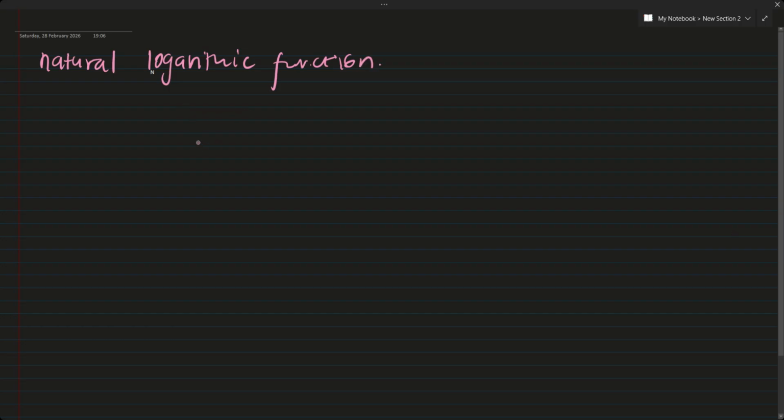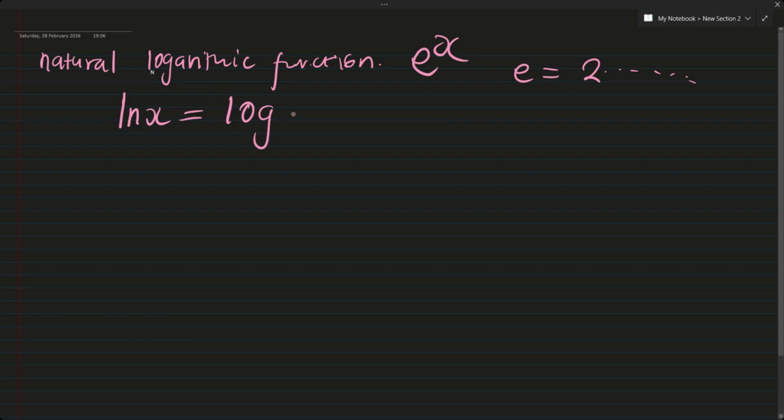We knew that it was a to the power of x, that e has the value of 2 point something. So the log base e, we write it as ln, and then ln x is equal to log base e of x, if x is greater than 0.